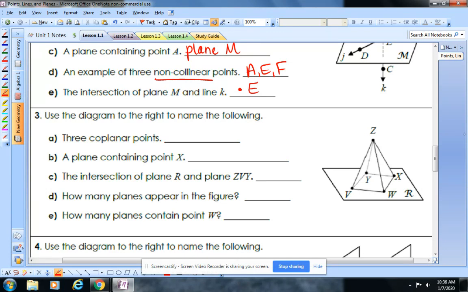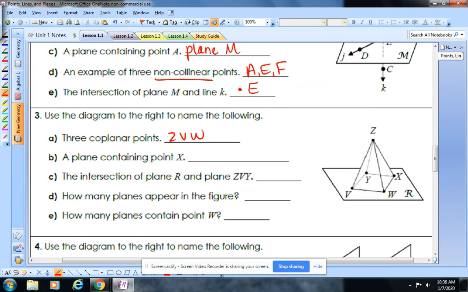Somebody give me another one. Z, W, X makes this side of the pyramid. Very good. So if it makes its own face of the pyramid, or it's on the bottom base of it, then they're all in the same plane, right? But Z, V, and X would not be coplanar, would they? Because those don't make a face. Does that make sense? So I'm just going to do Z, V, and W, the first one I heard, because those are good.